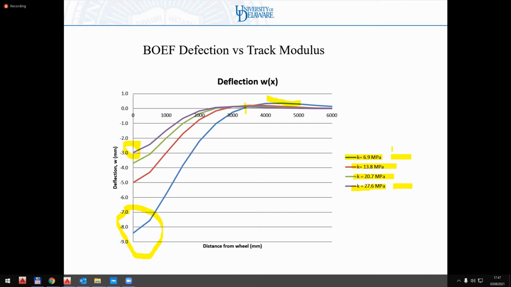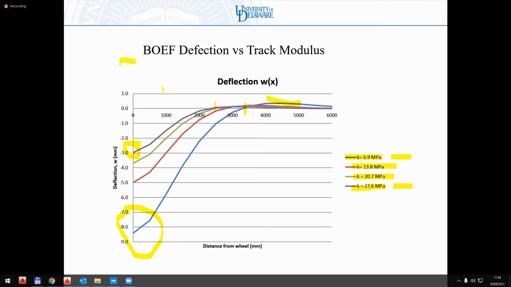You can see that varies also as a function of stiffness, with the softer track deflecting further out. The softer track is shifting somewhere around 3.2 meters. The stiffer track is shifting at roughly around 2.5 meters.